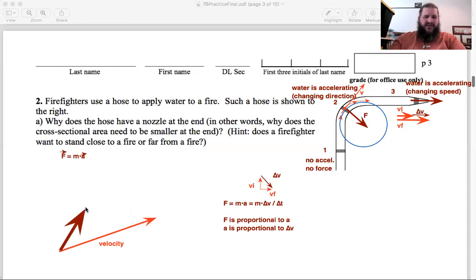Let's say this is the force vector. In order to figure out what that does, it's a good idea to split up the force into components, not the usual X and Y components, but instead a parallel and perpendicular component. So I would split that into a component parallel to the velocity and a component perpendicular to the velocity.